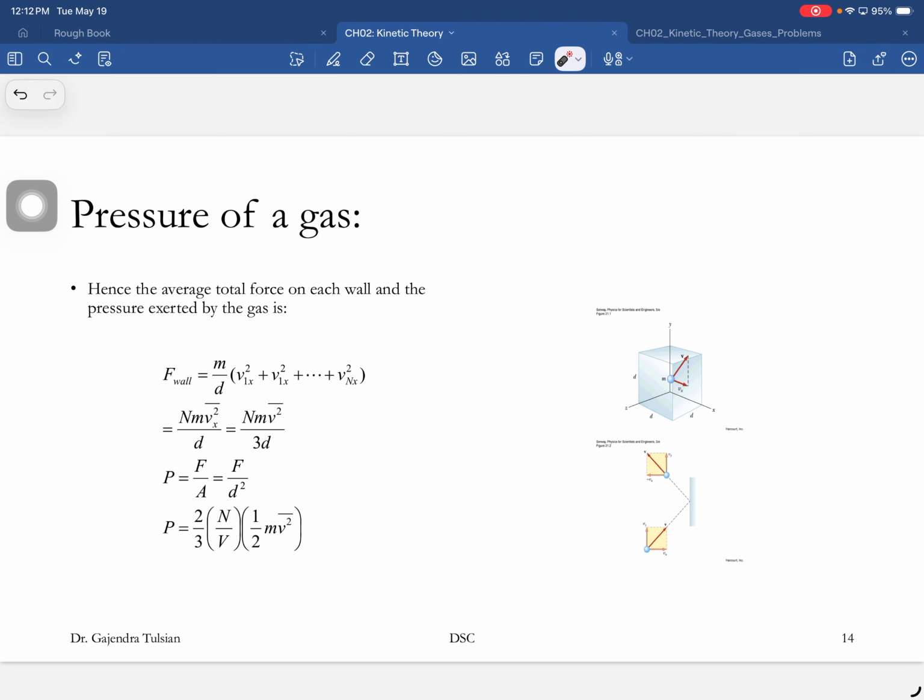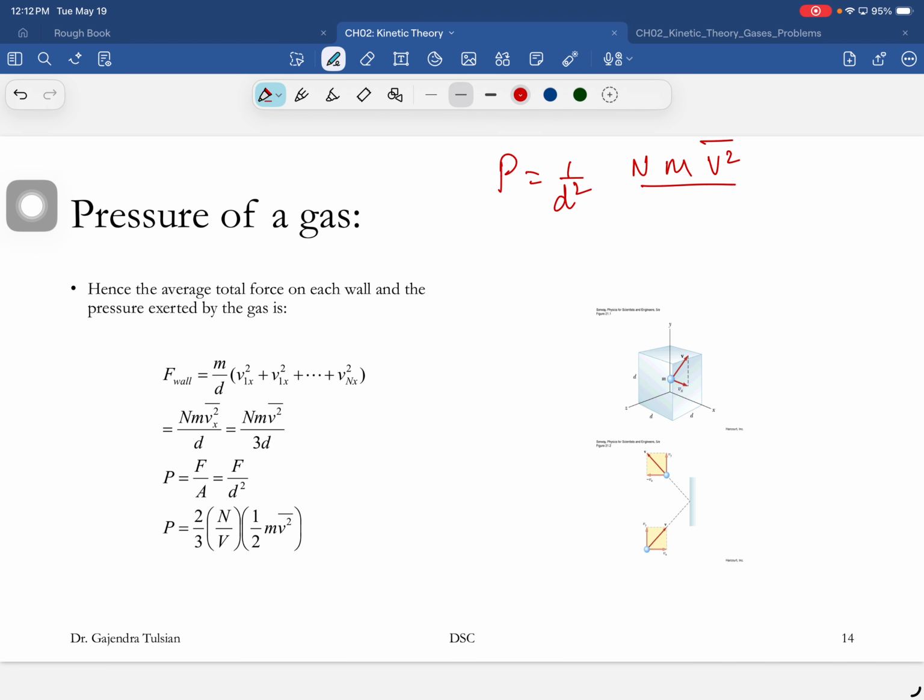So pressure on the wall is one over d squared times force, and force is N m v squared over 3d. And d cubed is the volume of the box, so it's one third N divided by volume, m v squared.